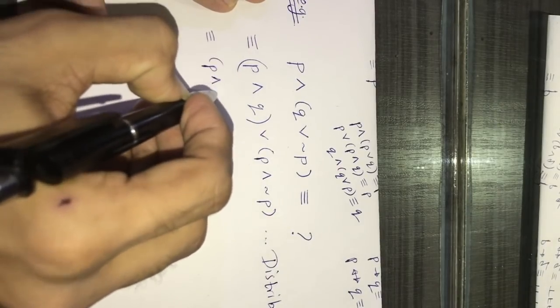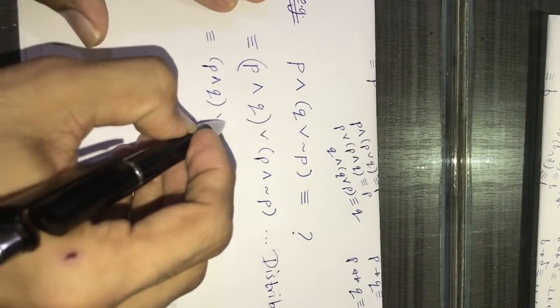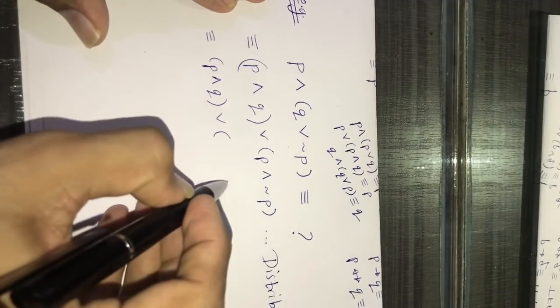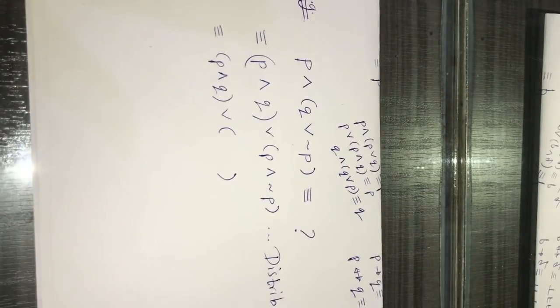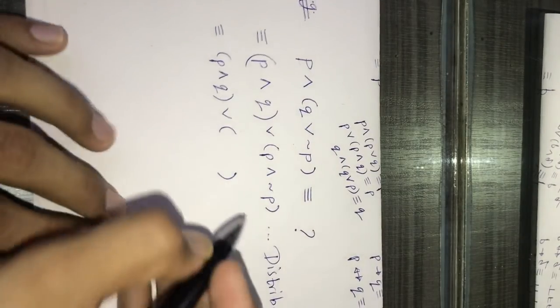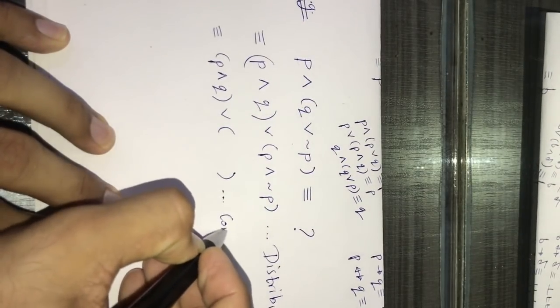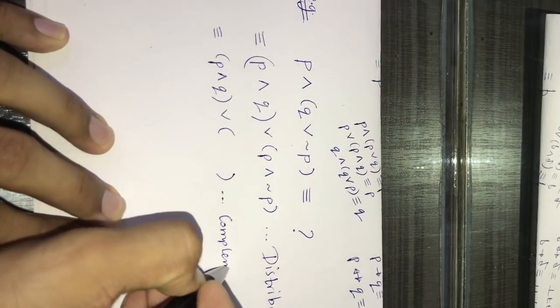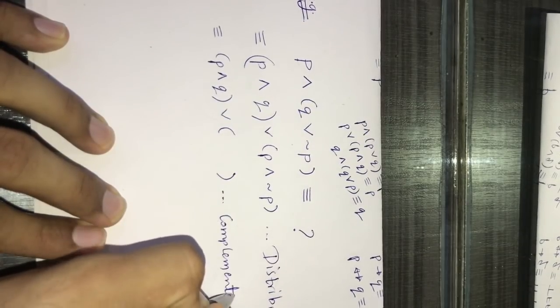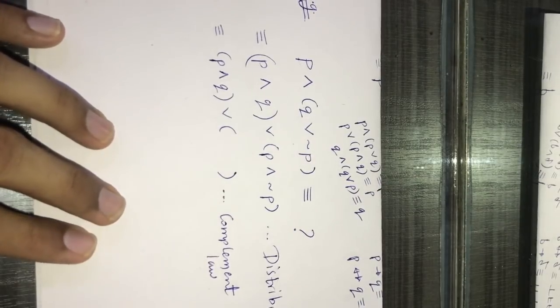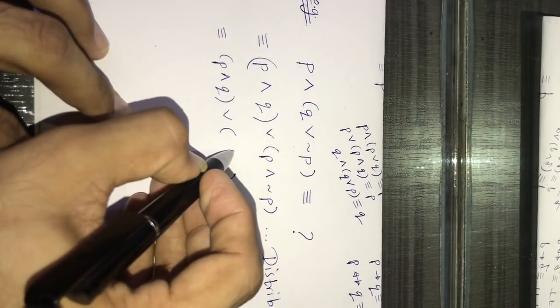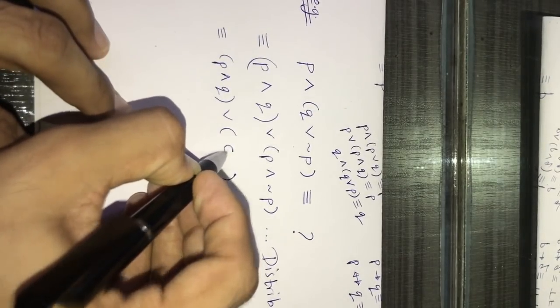The next, P and Q, nothing we can do, but yes, there is a situation here, and what we can do is we can say P is ANDed with its complement. So what law can we use here? We can use complement law. So I'm going to write down P and negation P as contradiction.